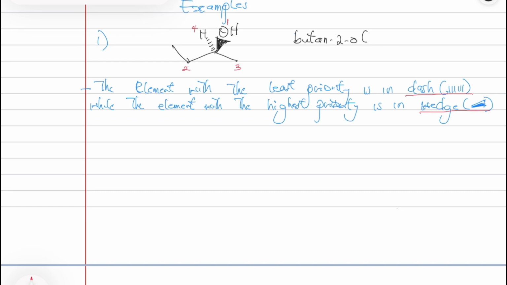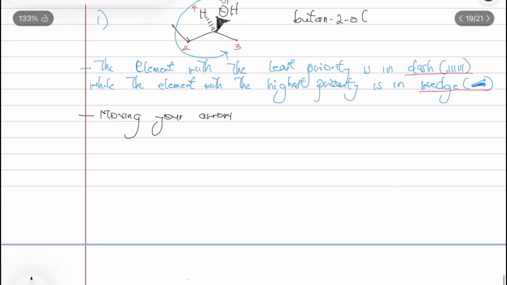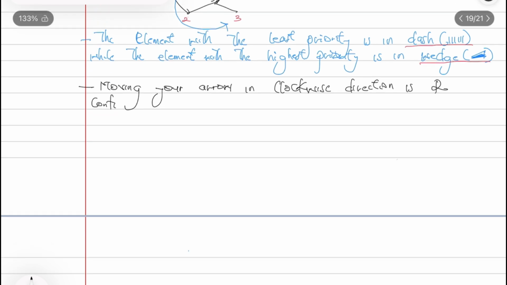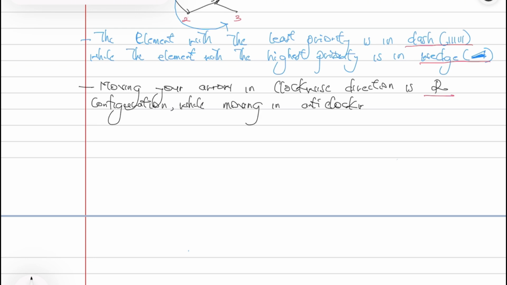The position of the element with the least priority is insignificant since it is in dash. So in assigning configuration to this compound, we have to consider which direction the arrow is moving. If you are moving in a clockwise direction, then the configuration becomes R. While if you are moving in an anti-clockwise direction, then the configuration becomes S.